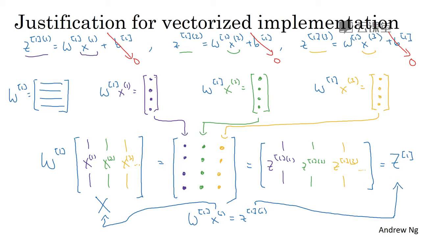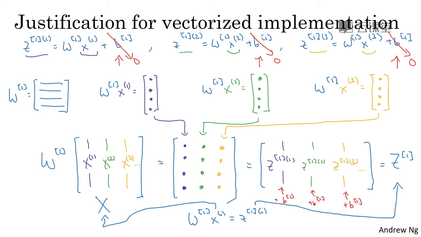And I won't show it, but you can convince yourself if you want that with Python broadcasting, if you add back in these values of b, the values are still correct. What actually ends up happening is that with Python broadcasting, you end up adding bi individually to each of the columns of this matrix.